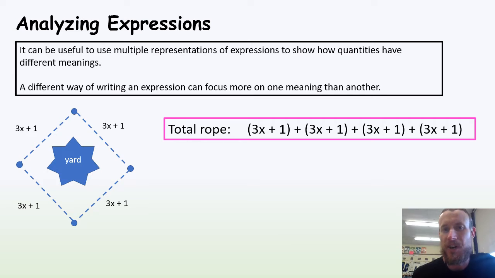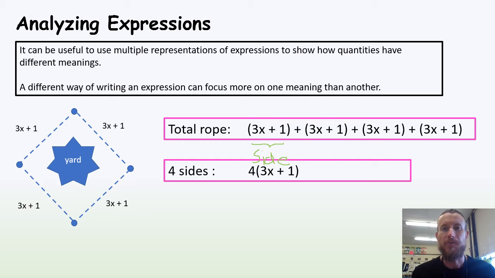First of all, this would be straight addition. Each side is 3x plus 1 long. So we're just directly showing what is the addition of all of these sides. And we would add them 4 times. It's a kind of long way of writing this expression, clearly could be simplified, but it really is what we mean by the total amount of rope or of fencing.